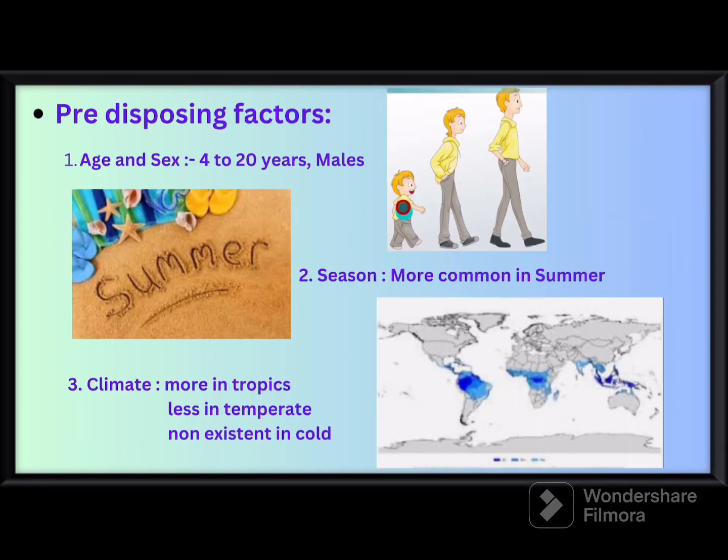If you consider the age and the sex, it is more common in age group of 4 to 20 years and in males, right? And the season, as I already told you, it is more common in summers. Which climate is it more common in? It is more common in the tropics, right? And less in the temperate. And you can see it is non-existent in the cold.